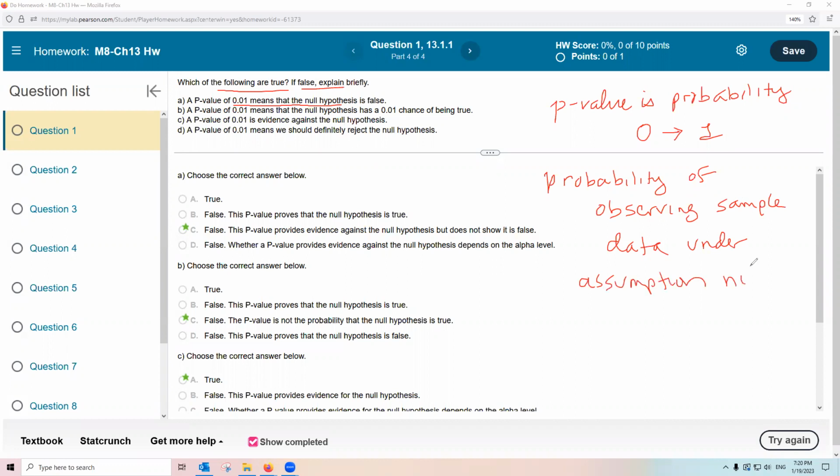Let me give you a quick example here. Let's say Pizza Hut claims they can deliver pizzas in an average of 30 minutes. Well, maybe I do an experiment and I order 30 pizzas on 30 different days, and let me write this out as a quick example here.